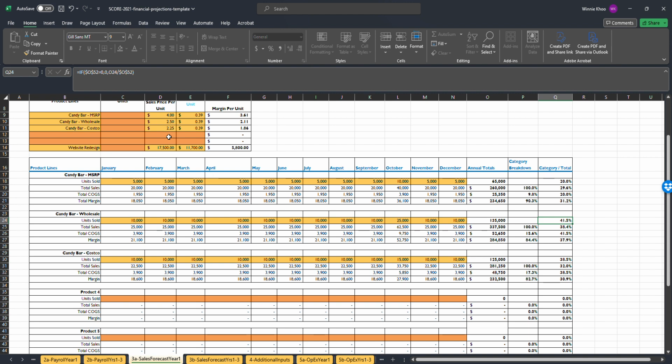And just be mindful that the wholesale price will always be significantly less than MSRP. That's the case for any CPG company, because retailers need to make their margins as well.